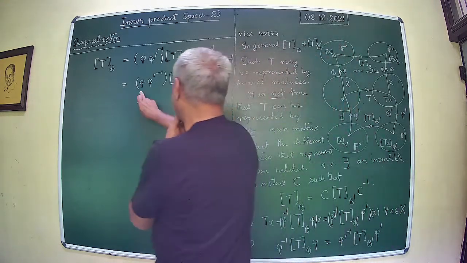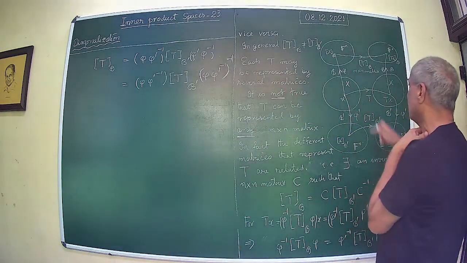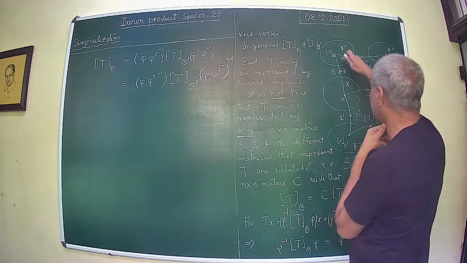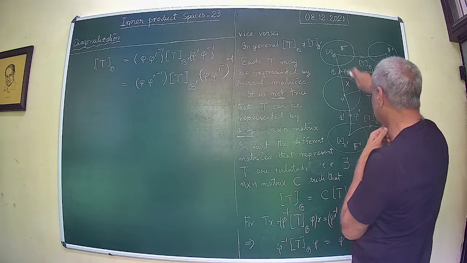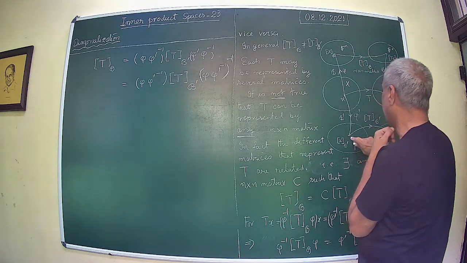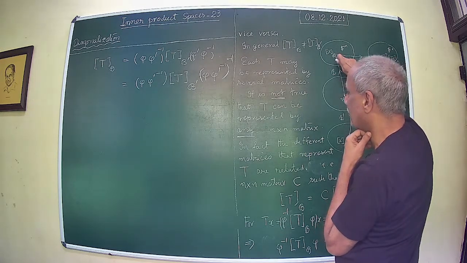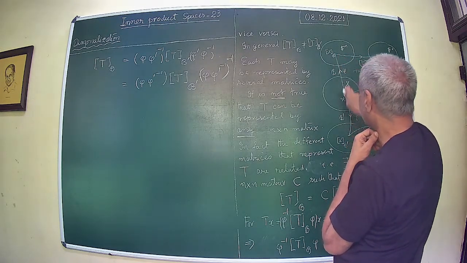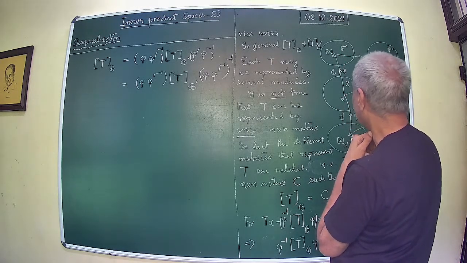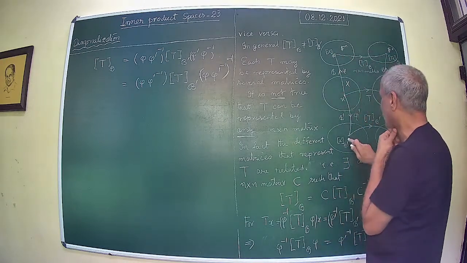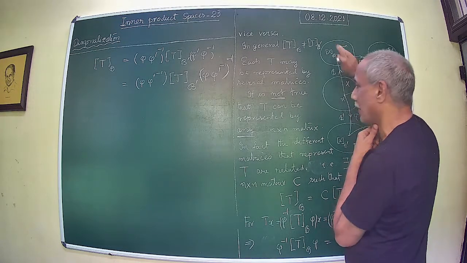And you can easily see that this is a map. See, start from here xb to xb prime. How do you get there? You first apply phi inverse, then you reach here, and then you apply phi prime. Or if you want to go from here to here, you first apply phi prime inverse and then apply this.